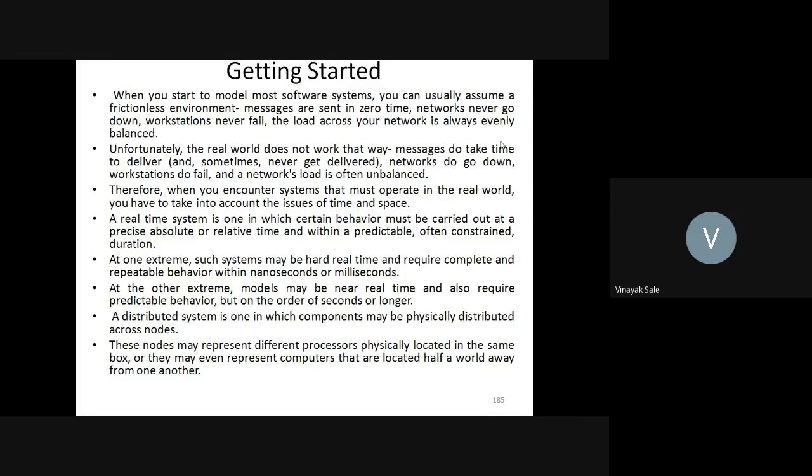A distributed system is one in which components may be physically distributed across nodes. These nodes may represent different processes physically located in the same box. They may even represent computers that are located half a world away from each other.